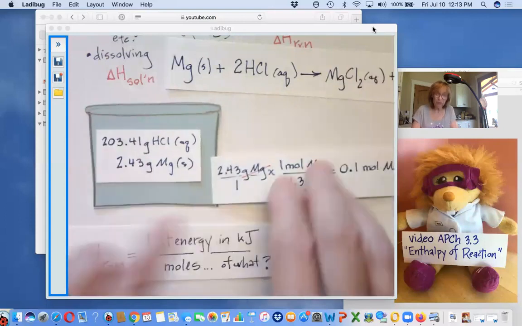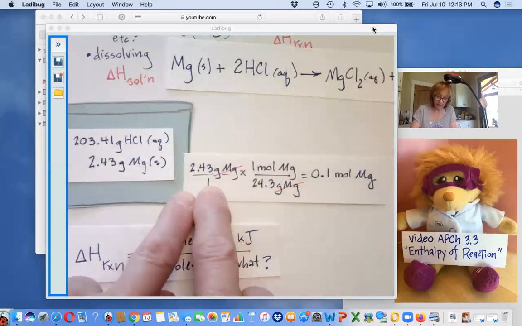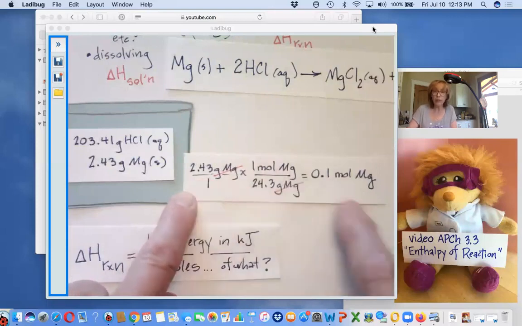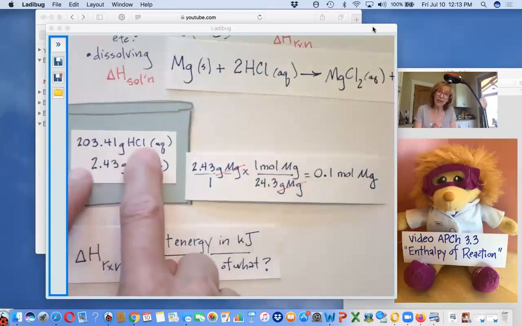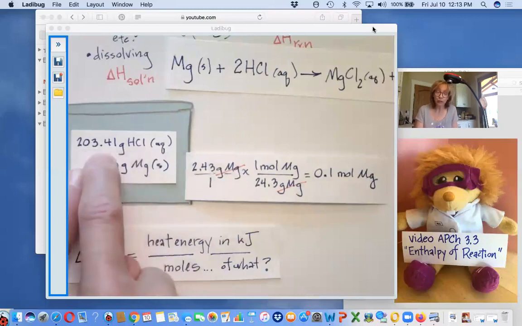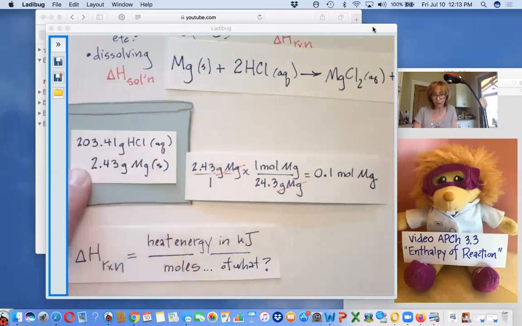So using the periodic table, here's my mass of the magnesium reactant, molar mass from the periodic table. So this amount is 1/10 mole. Now, to get the moles of HCl, be careful here, guys. You cannot take this mass and use the periodic table molar mass of HCl to convert.